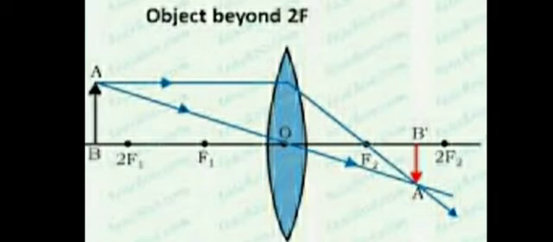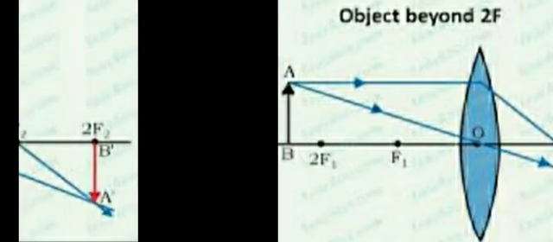Both of these rays intersect at a point that is between f2 and 2f2 and image will be formed here. It will be diminished, real and inverted. So we say when the object is placed beyond 2f1, image is formed between f2 and 2f2. Its nature is real and inverted, diminished in size.